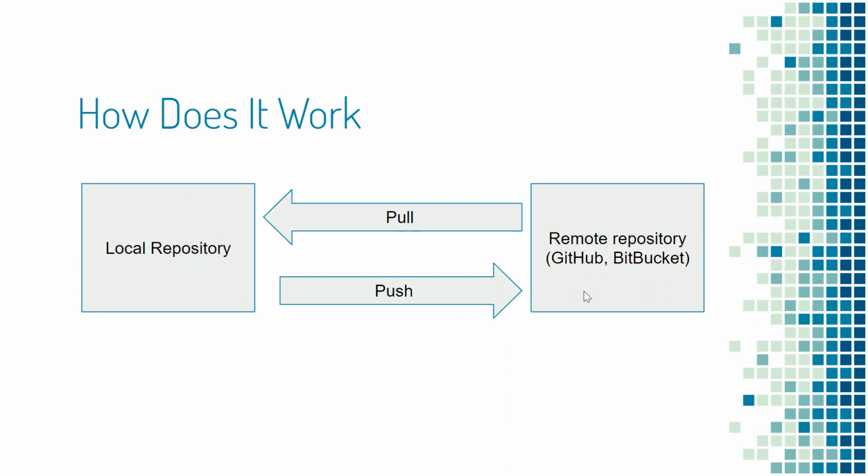When we say pull, we are copying the database from the repository to local, and we keep updating that database. When we push, we synchronize the local database with the database on the remote.